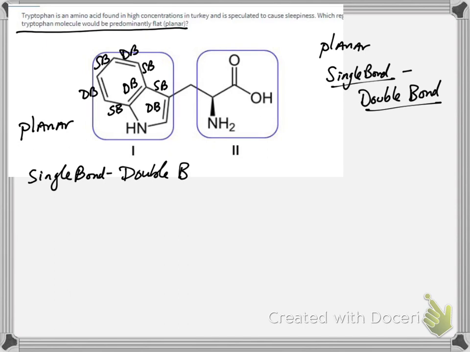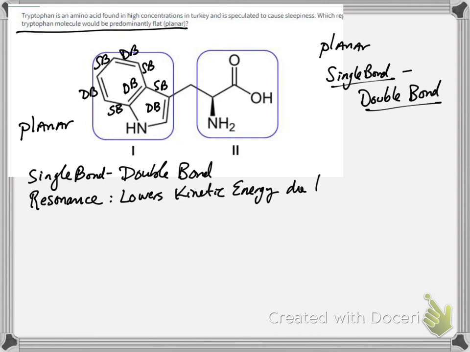Now, another aspect of the single bond, double bond combination is that it results in resonance. So there's a delocalization of electrons throughout this portion of the molecule, in region 1. And what does that do? That lowers the kinetic energy of the system due to bigger molecular orbitals. So this resonance causes increased delocalization through bigger orbitals.